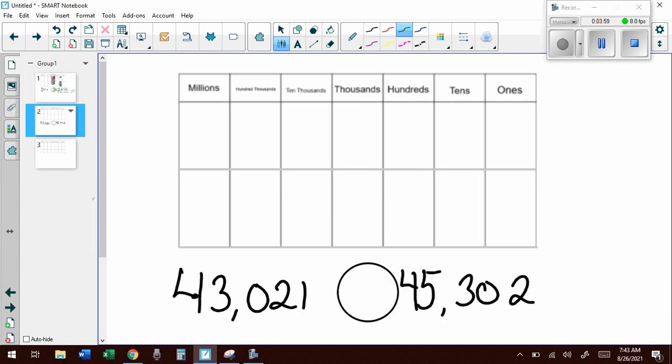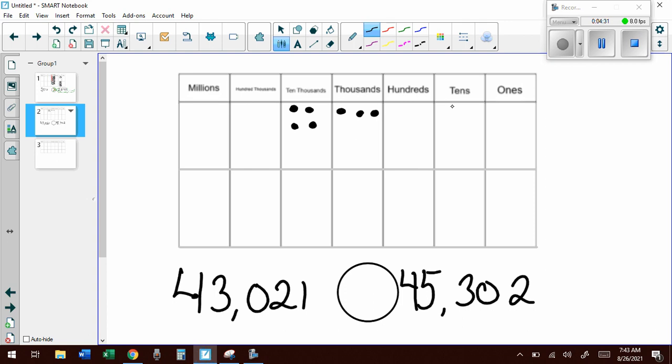Now, let's go with an even larger set of numbers to compare greater than, less than, or equal to. So here we have 43,021. And over here we have 45,302. We're going to use, this time, place value discs. So here we have 4 10,000s, 1, 2, 3, 4. We have 3 thousands.